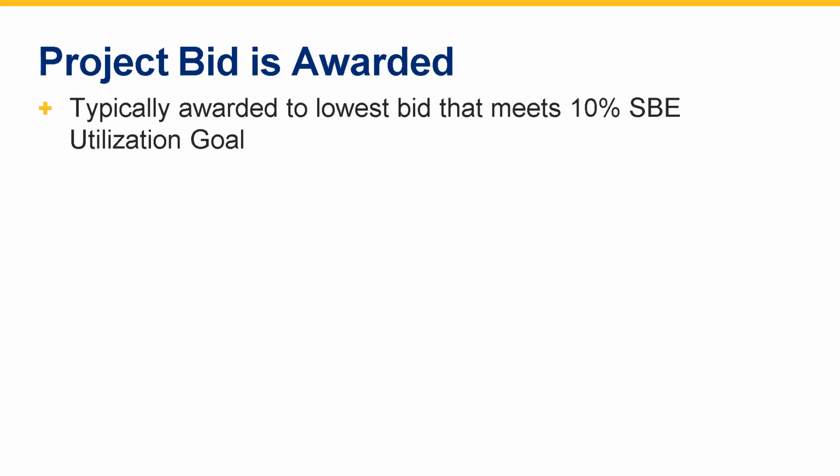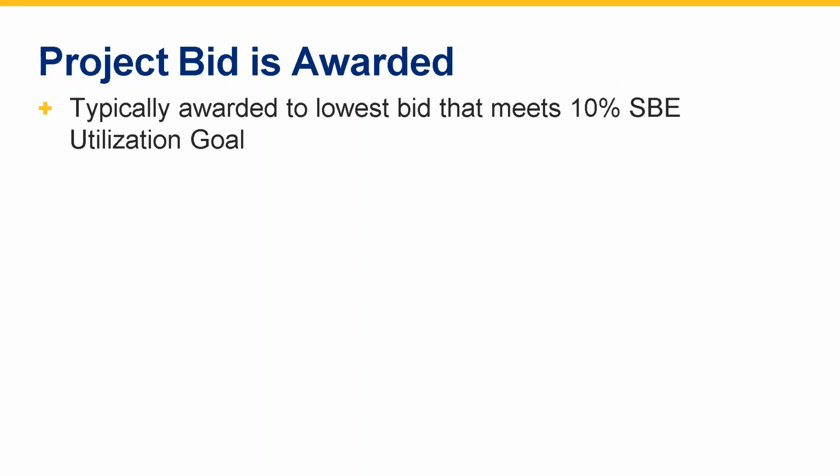Our goal is 10%, and I will say that a lot of our horizontal construction, street construction, etc., we do have SBE firms that can provide, and very rarely do we get below 10% unless there's a specialty issue. We're able to get that because we do have SBE firms out there that can provide the services required.